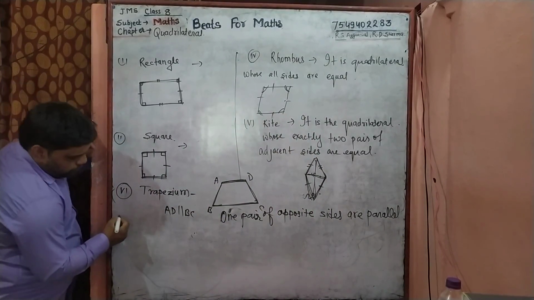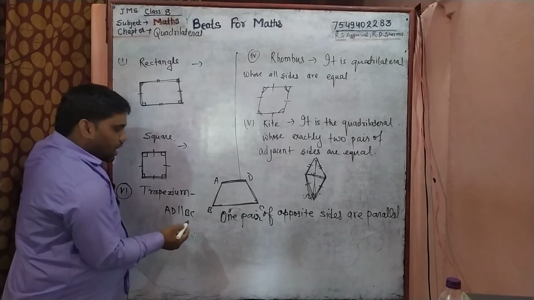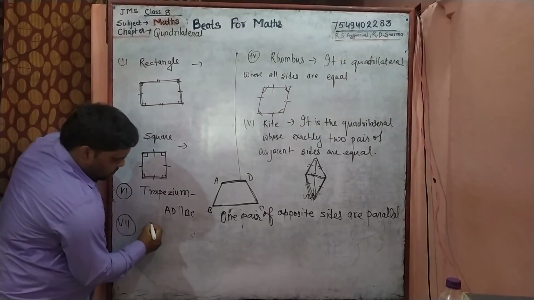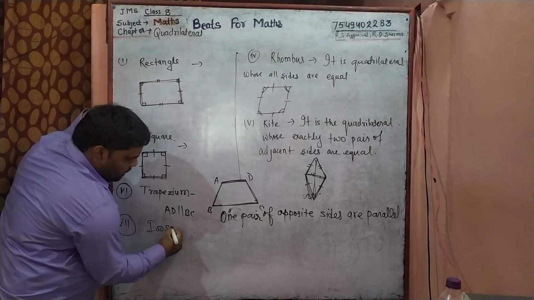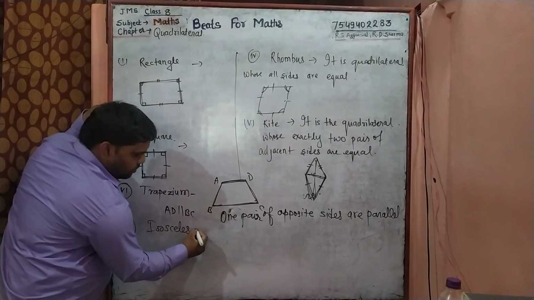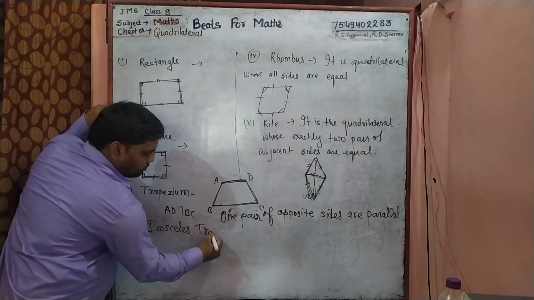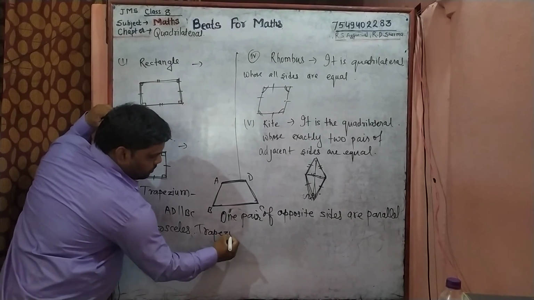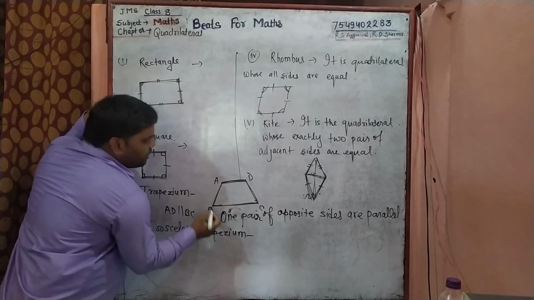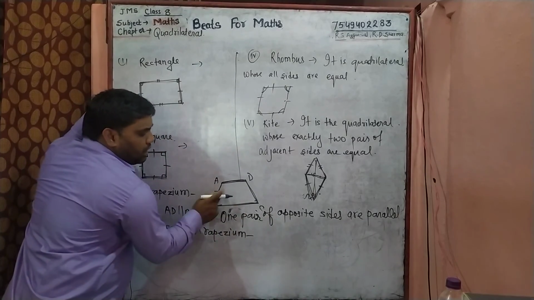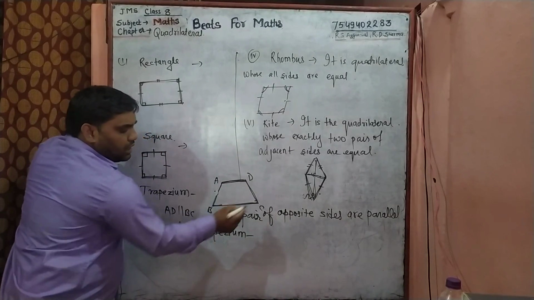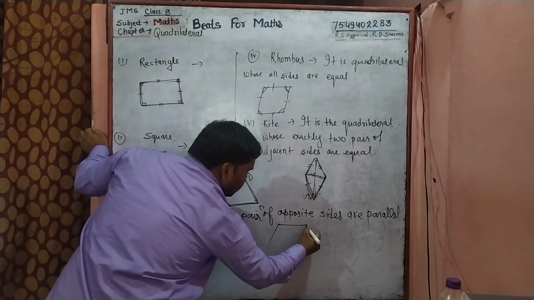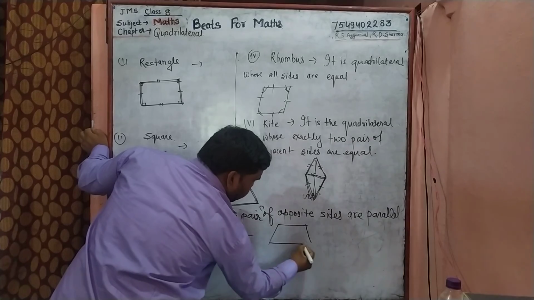And then we have the isosceles trapezium. That is a trapezium in which the non-parallel sides are equal. If the non-parallel sides are equal, then it is called an isosceles trapezium.